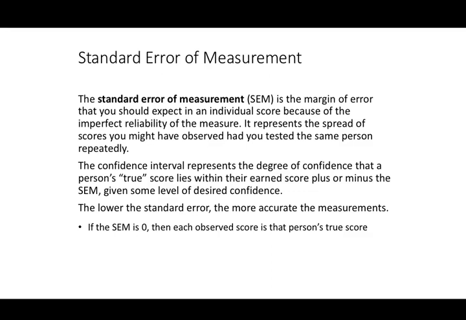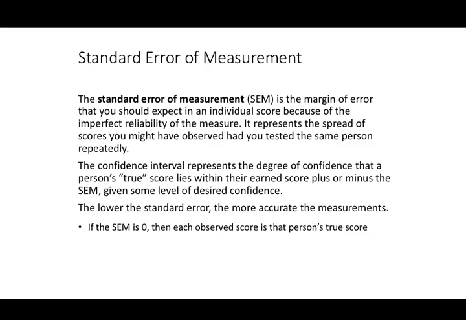So it's in essence your margin of error that you can expect reliably because of the imperfection in the measure in and of itself. The confidence interval represents the degree of confidence that their true score lies within that standard error of measurement, and it's sort of plus or minus that standard error.